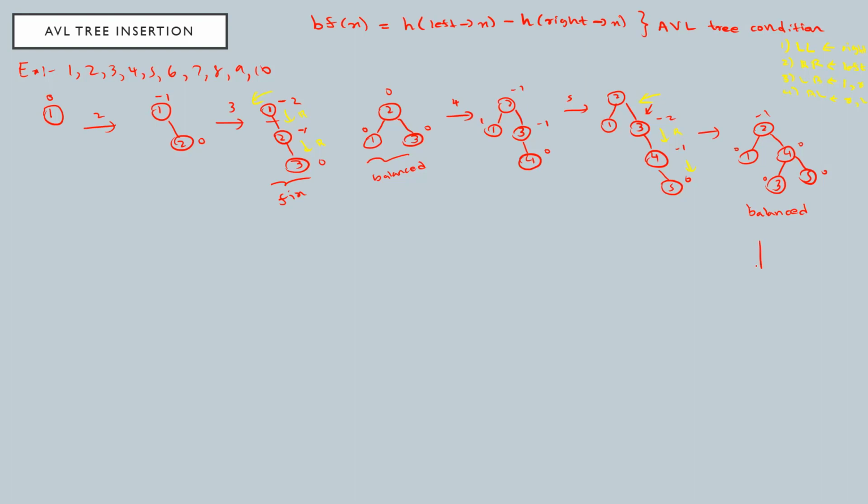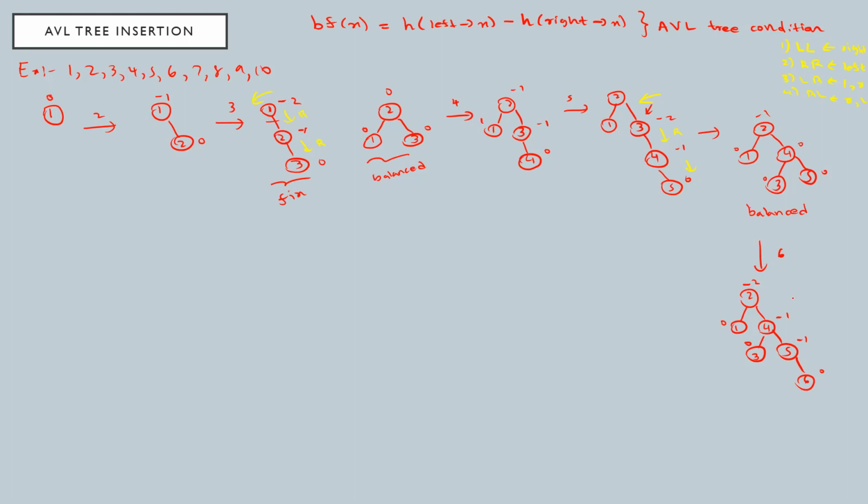Okay, let's insert 6. So 2, 1, 4, 3, 5 and 6. Again, are we still on the safe side or not? So 1, 1, 2, 3, no. Again, we are not on the safe side. Now you can see the balance factor of 2 is invalid.